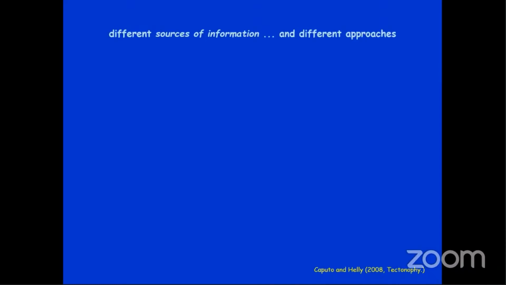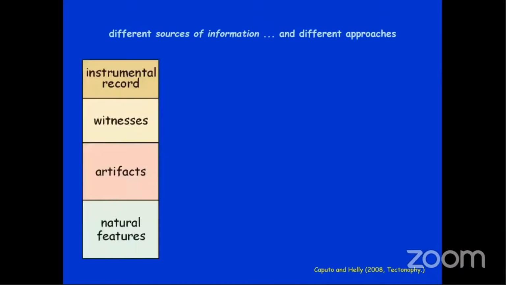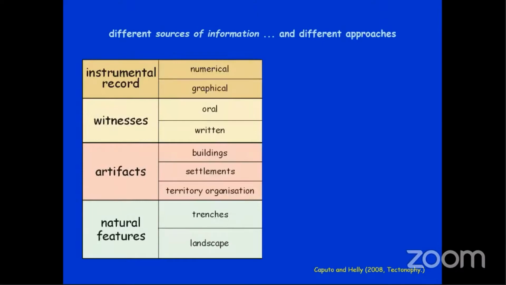A few years ago, with my friend Bruno, we reappraised the topic and categorized, grouped the most common and most important sources of information commonly used to study past earthquakes and seismogenic sources. You see here a list.